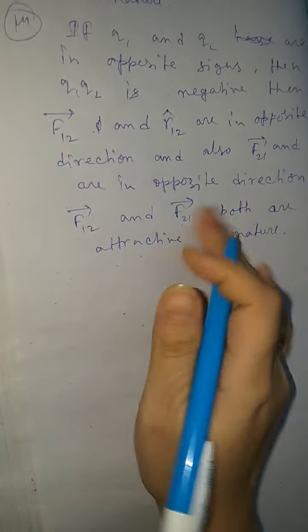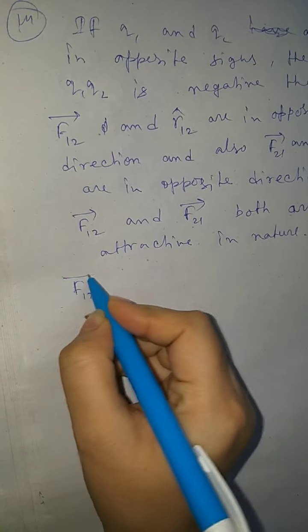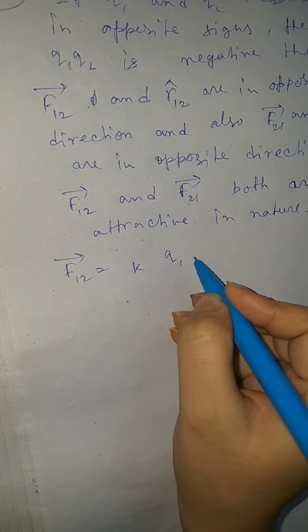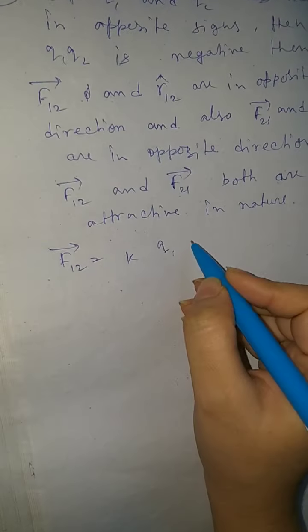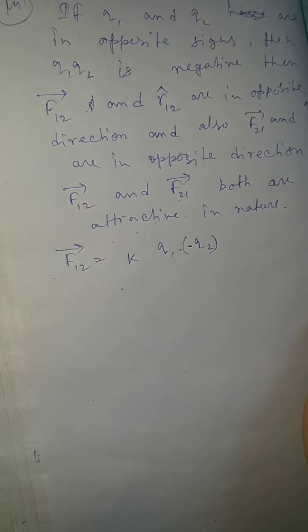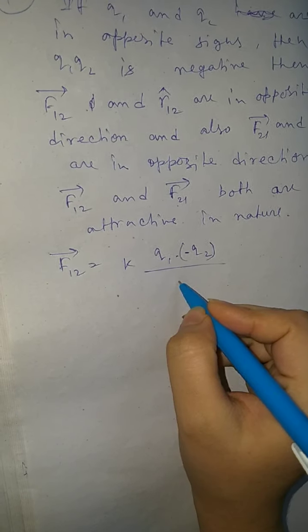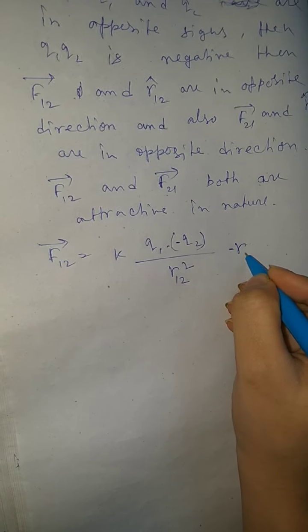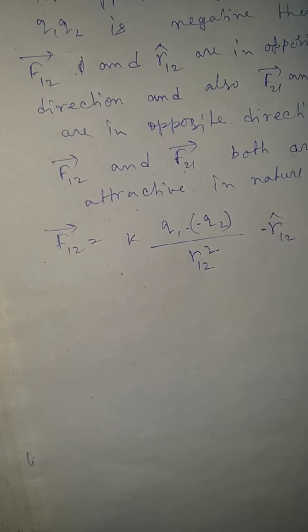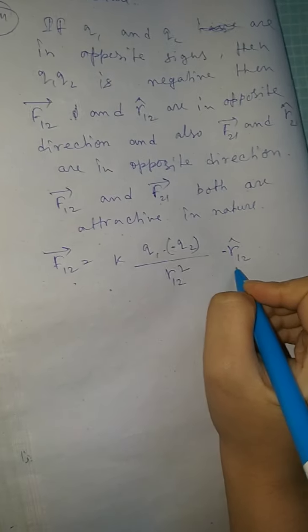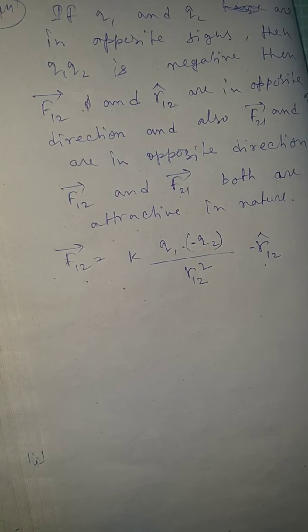So what is the formula of F12 vector? F12 vector equals K Q1, suppose Q2 is a negative charge, so Q1 into minus Q2 by R12 square into minus R12 cap. If F12 and R12 are in opposite direction, that's why this negative sign arises here.